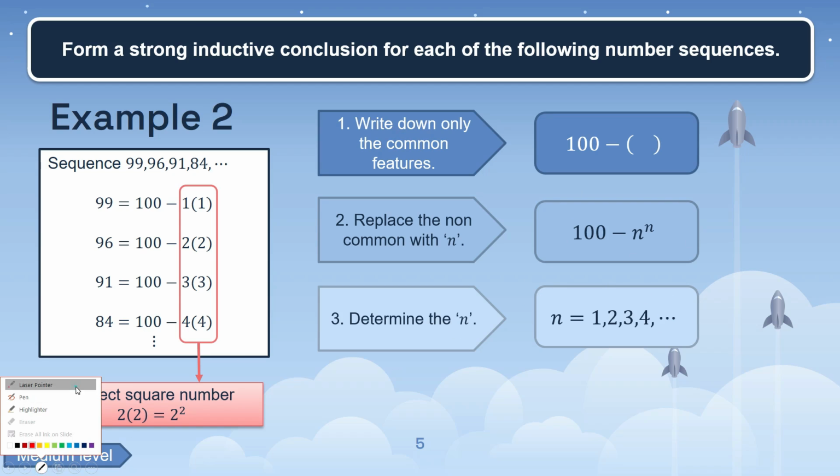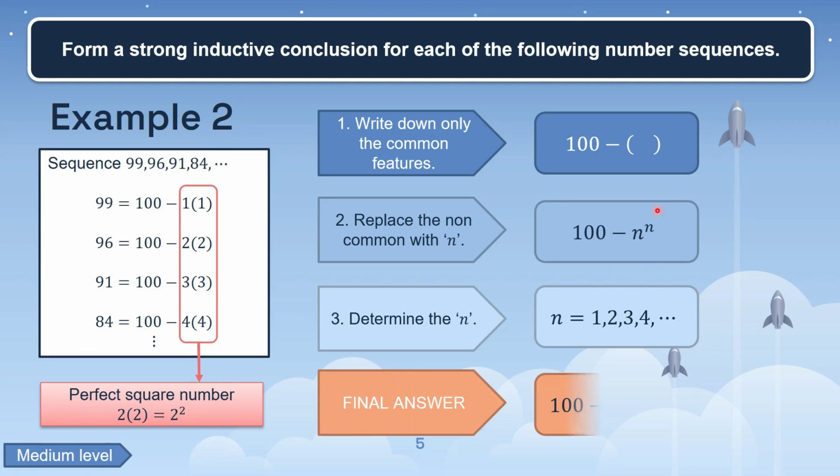This one and this one, so it will form the final answer. 100 minus n power of n, and n is equal to 1, 2, 3, 4 dot dot dot, 3 dots, not more than that, only 3 dots.